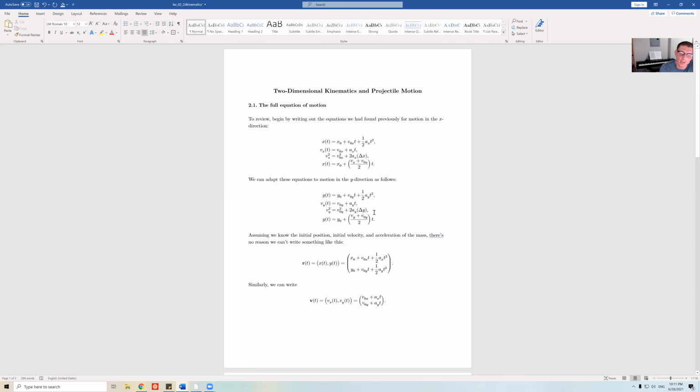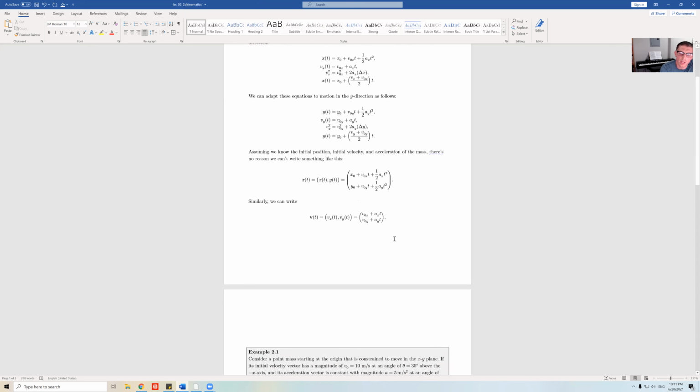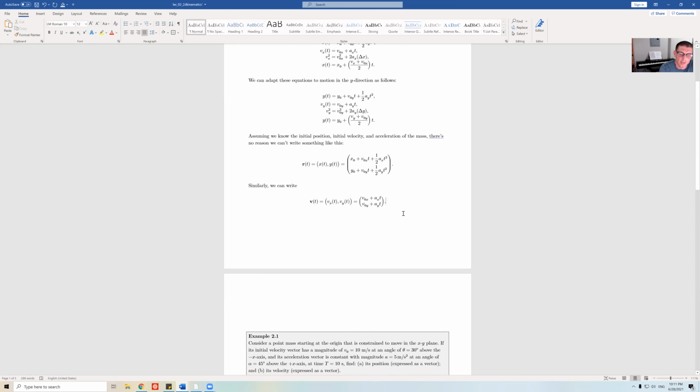Cool. This is pretty useful for us as people doing physics, because we'll see a little later in the course that if we have the position and velocity of a mass, we have almost everything we need to solve for anything we care about in physics. It could be a force, the momentum, or the angular momentum.